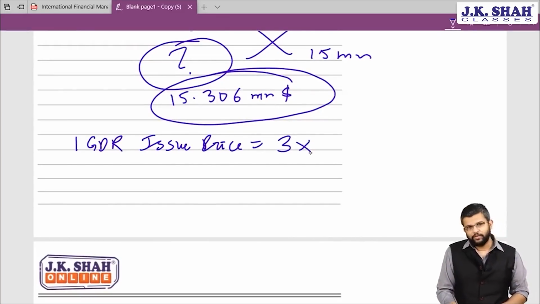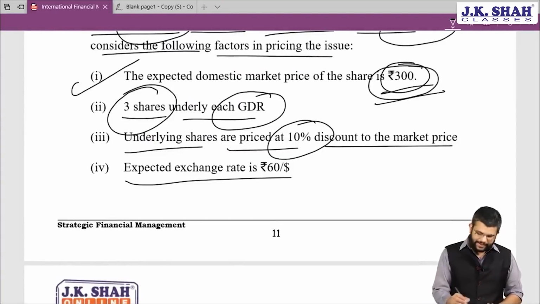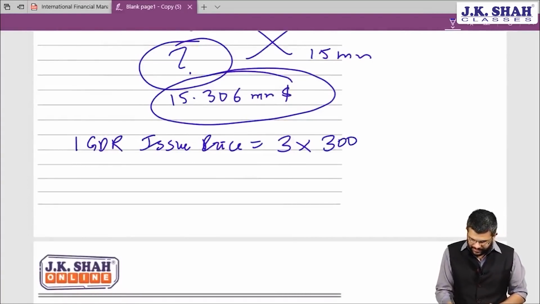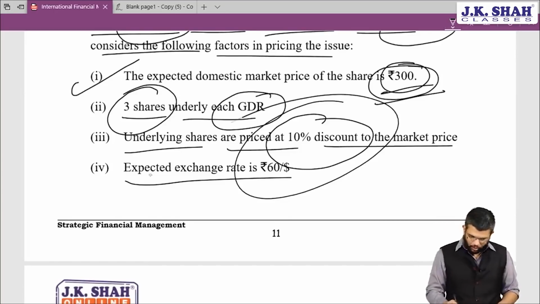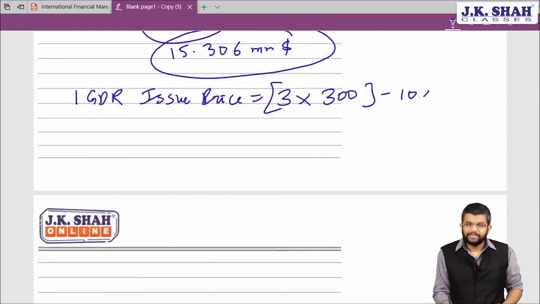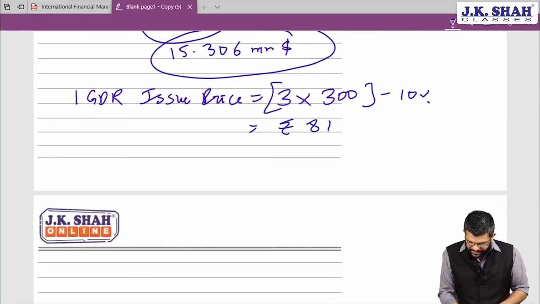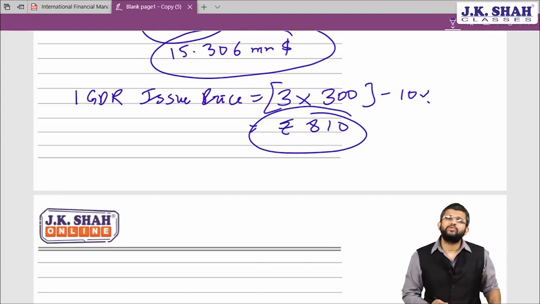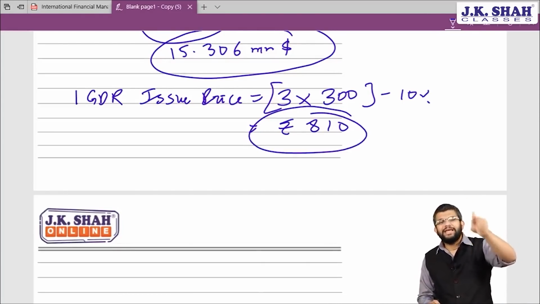It is 3 shares into 300, the current expected market price, and then a 10% discount given to these global investors, so the whole minus 10%. Everybody following? On the calculator, 3 into 300 minus 10% comes to rupees 810. Therefore, rupees 810 should become the issue price in Indian rupees.